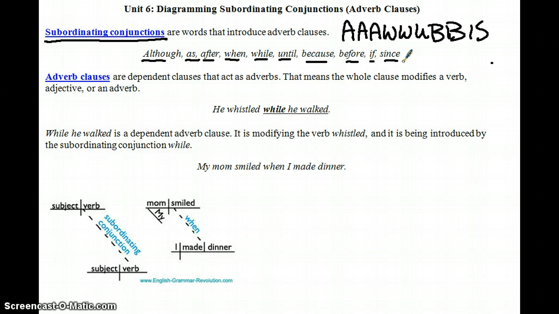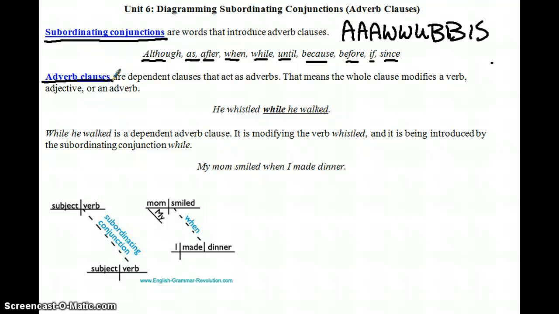And essentially what they do is tip the balance of the sentence. They'll take the clause that they start and make that an adverbial clause. It'll be dependent upon the other clause. Now, why do we say it's adverbial? Well, because they answer one of the 4 adverbial questions.